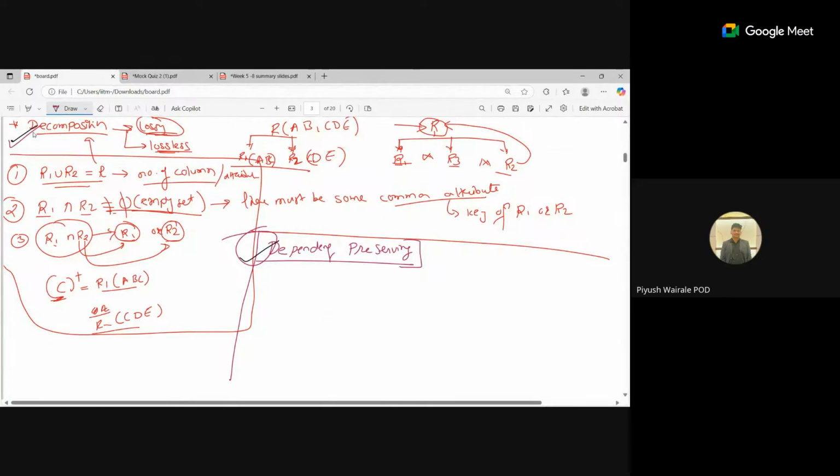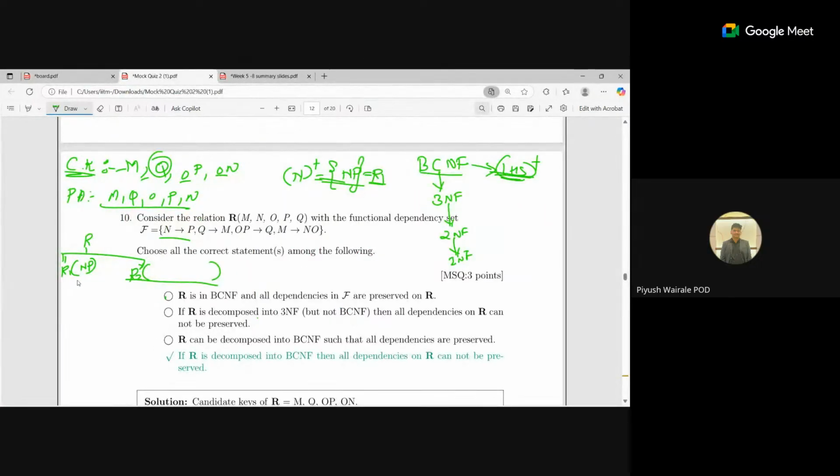While decomposing a table, we don't decompose R directly into R1, R2, R3, R4, R5. First we decompose into R1 and R2. Then we check R1, R2. Then we decompose R1 again into R3, R4 like that. So at a time we only decompose relation R into two tables. If my R1 is NP and I want lossless decomposition, what attributes should be in R2?